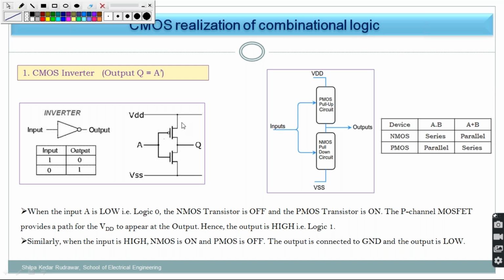Now one thing is missing over there. I already told you that you need to write the notation, which is source, which is drain, and which is gate, so that it will be easy for you to understand.